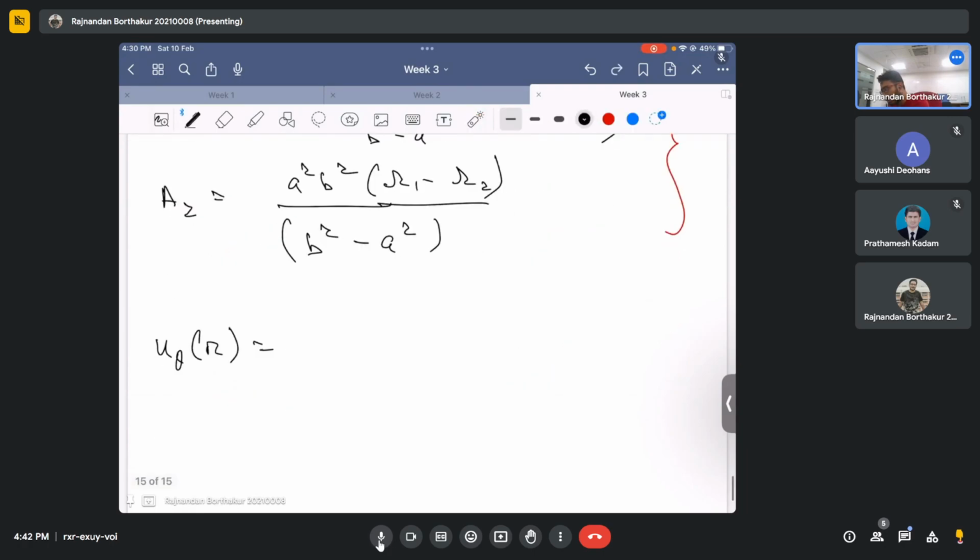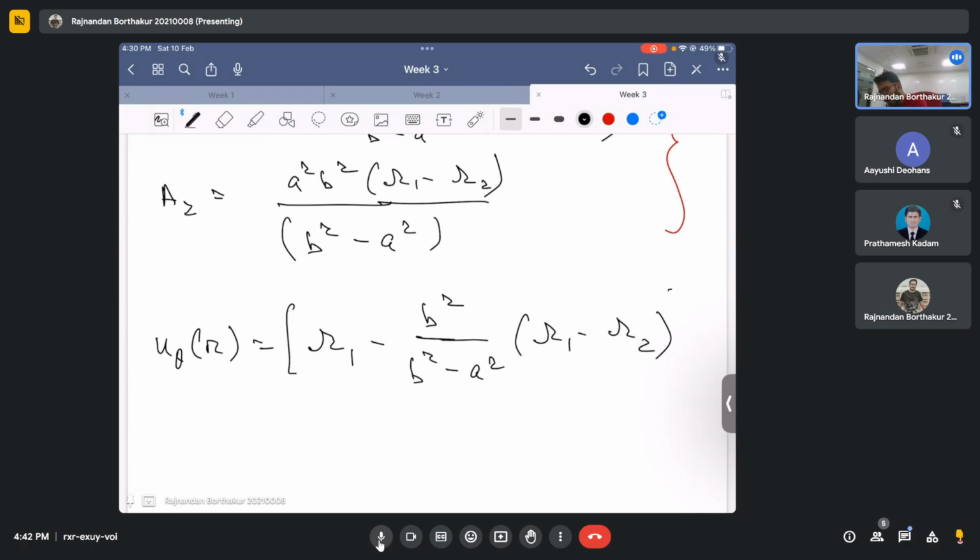okay, you will get u theta to be omega 1 minus b squared by b squared minus a squared into omega 1 minus omega 2.